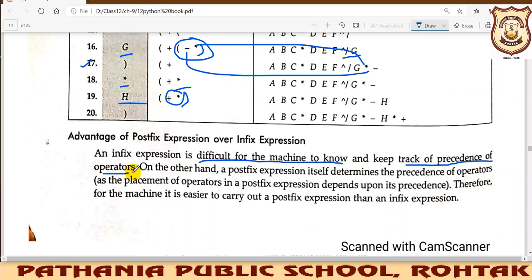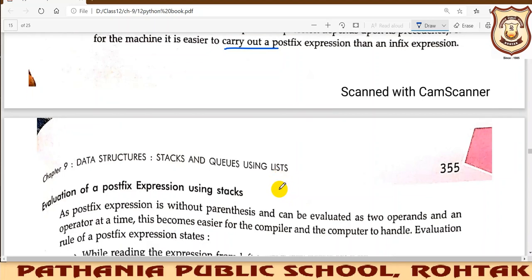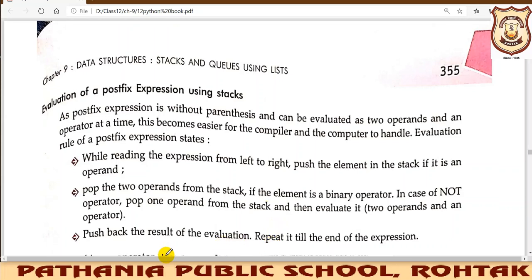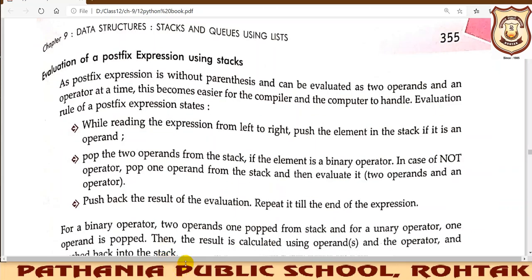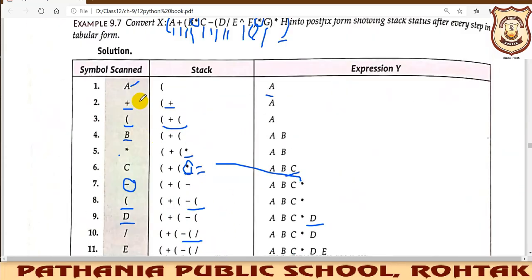That is why we prefer the postfix expression instead, and the machine carries it out easily. So we are converting infix to postfix. That was how to convert an infix expression to postfix.